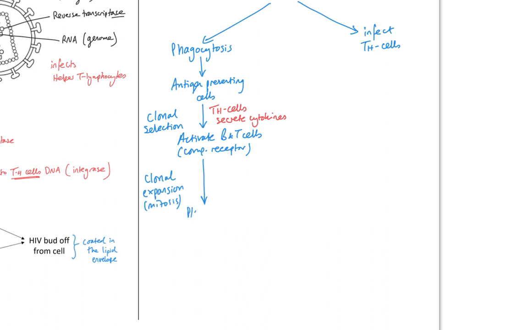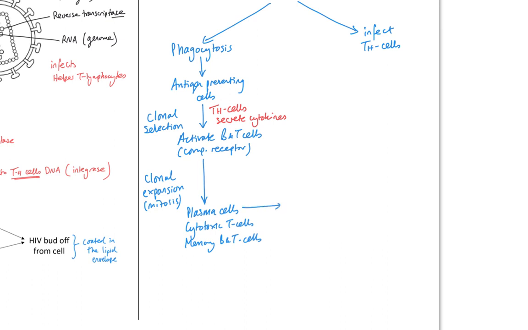We're going to get plasma cells from the B cells. We're also going to get cytotoxic T cells, and we're also going to get memory B and T cells.